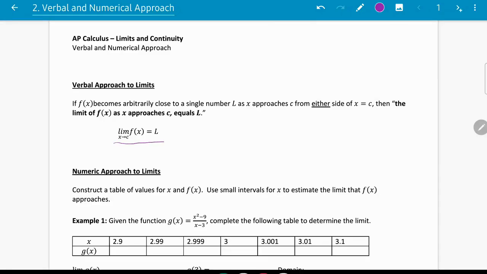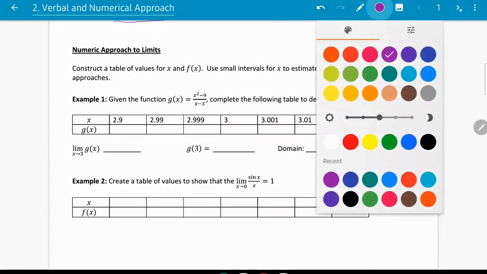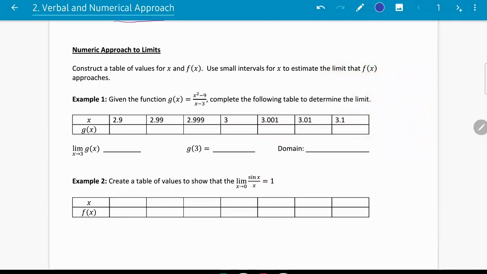So our numerical approach to limits is to construct a table of values for a given function, f of x, g of x, and we're going to use small intervals of x to estimate the limit that f of x approaches. So beginning with g of x is x squared minus 9 over x minus 3, using a calculator, we plug in 2.9 into this function, and we get a value of 5.9.